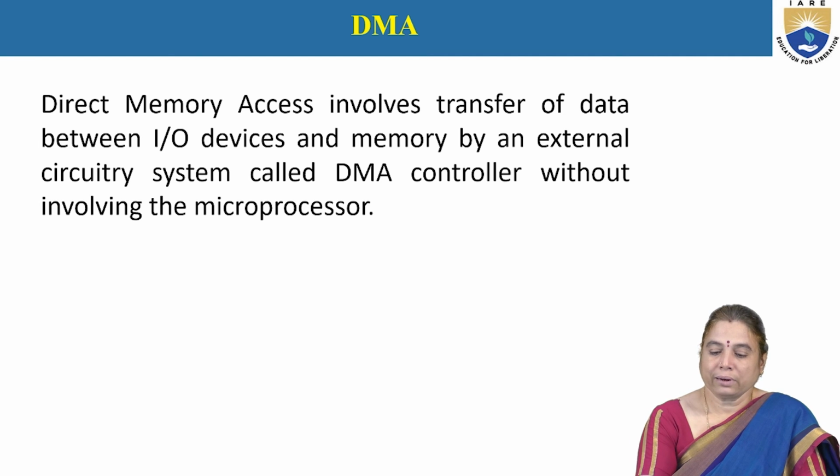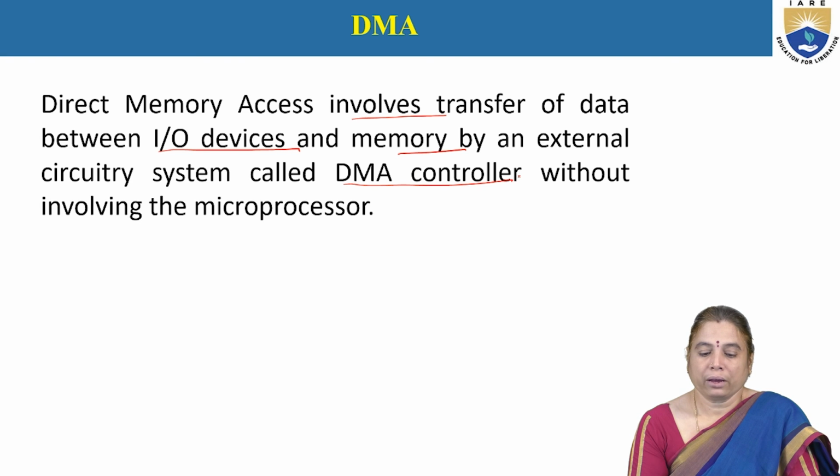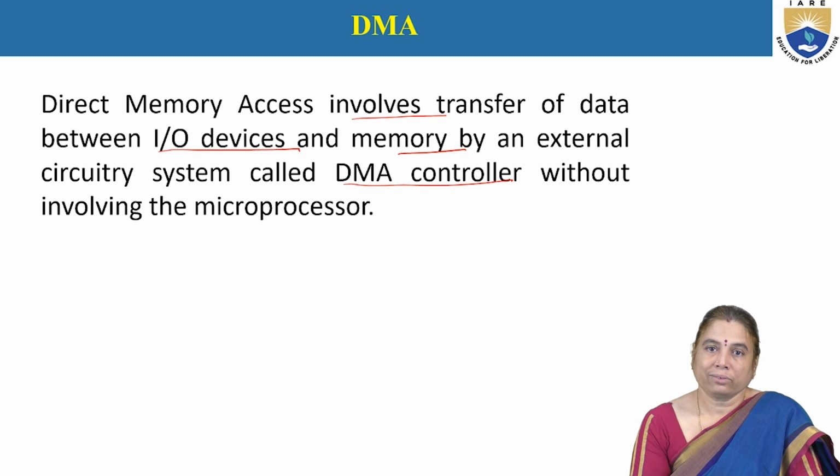It involves a transfer of data between I/O devices and memory by an external circuit system called the DMA controller. With the help of the DMA controller, without involving the microprocessor, the I/O devices can communicate directly with the memory. How this DMA controller works and how the communication takes place, we will see in the next video.